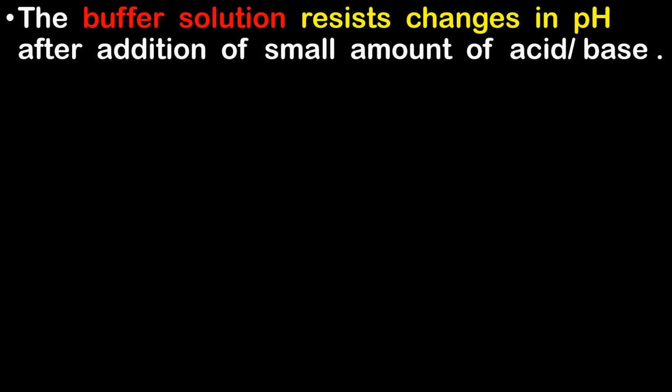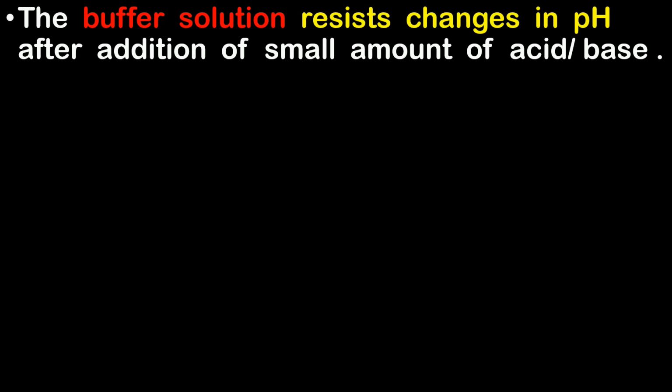Let's say you have a buffer solution, and if you add a small amount of acid or even base, then the pH value of the buffer solution is not going to change. And even if the pH value changes, it is going to change by a small quantity. This is the specialty of a buffer solution. Even if you add an acid or a base, the pH value is never going to change drastically.